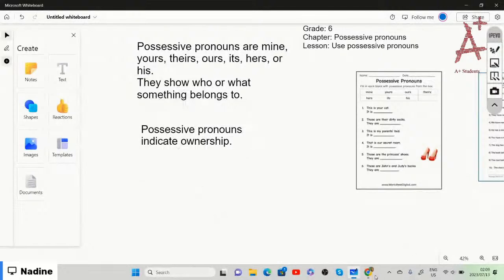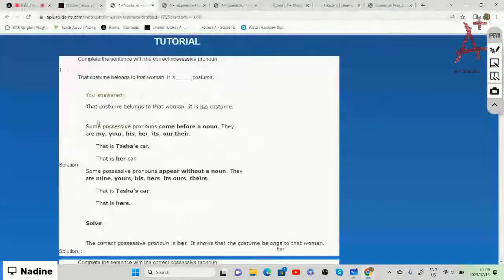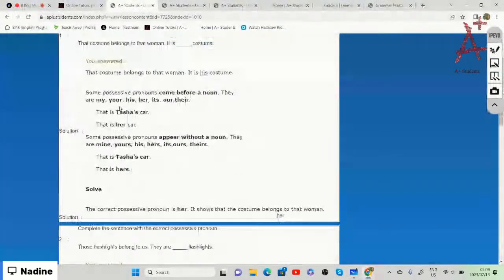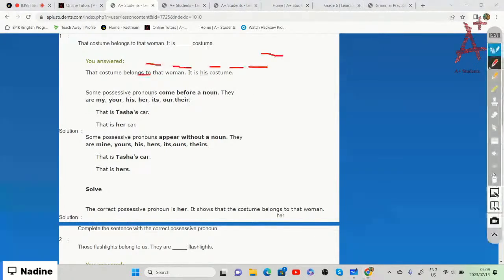All right, back to the tutorial we go. Some possessive pronouns come before a noun. The possessive pronouns that come before a noun are my, your, his, her, its, our, and their.